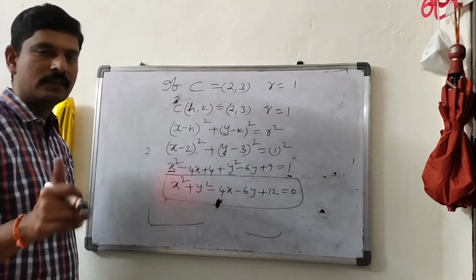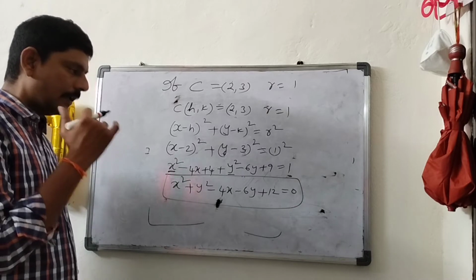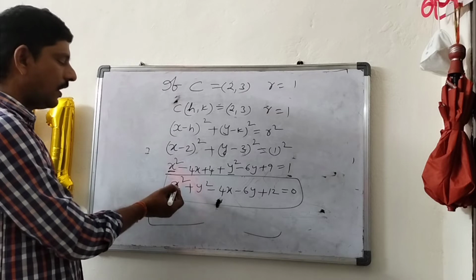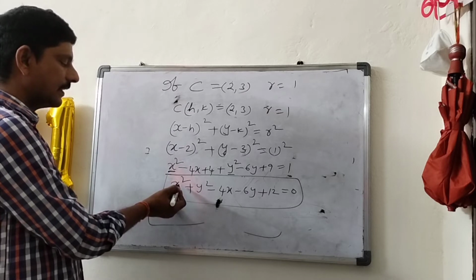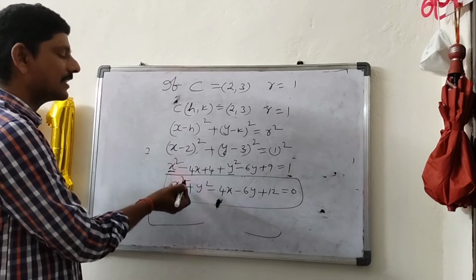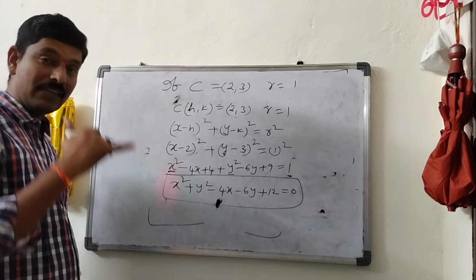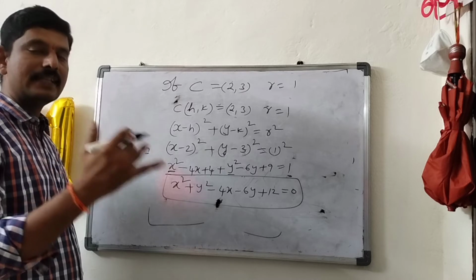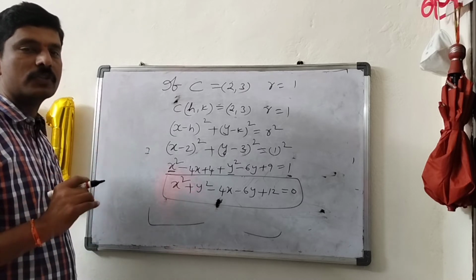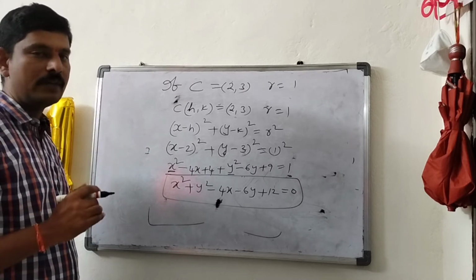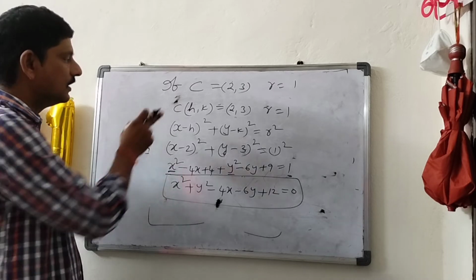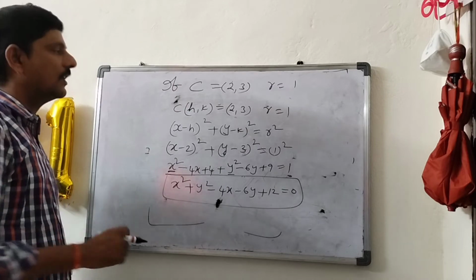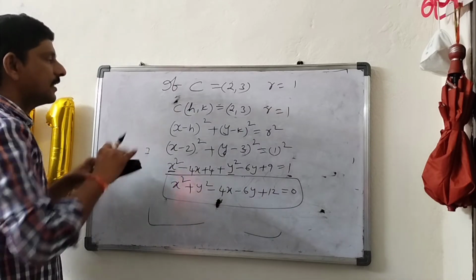Okay, students. Now here the question may ask like this also: find the center and radius of the circle. That means if equation of the circle is given, then find the center and radius. Both types of questions are asked in your examination. So here center and radius is given, then we can find the equation of circle. Now opposite.